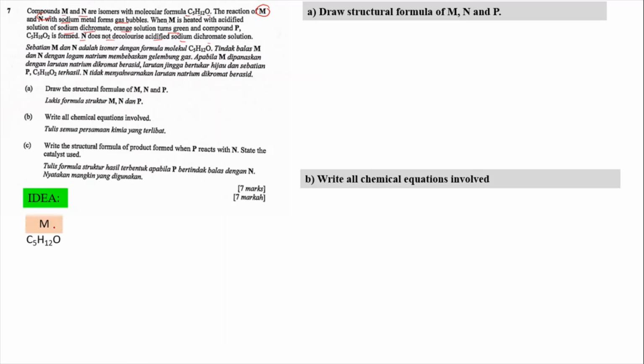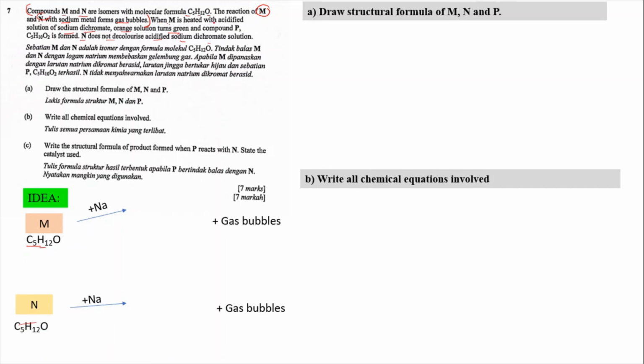So compounds M and N are isomers with the molecular formula of C5H12O. The reaction of M with sodium metal will form gas bubbles. The same goes for N: N reacting with sodium metal will also produce gas bubbles. Okay, settle with this sentence.